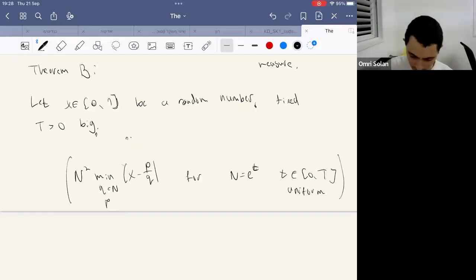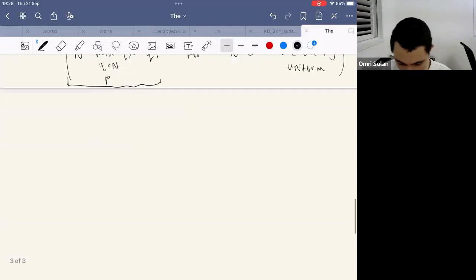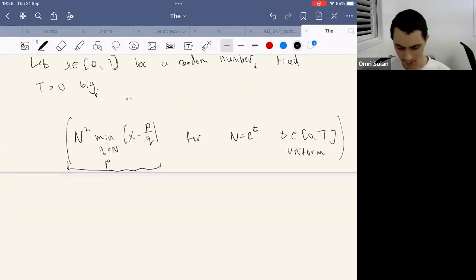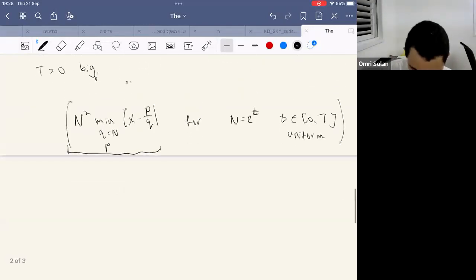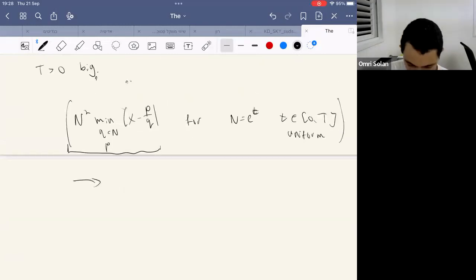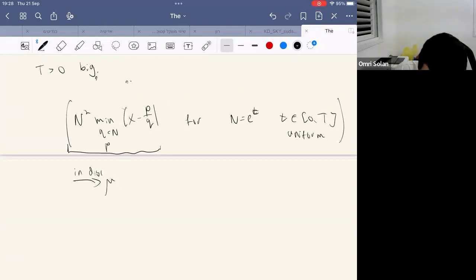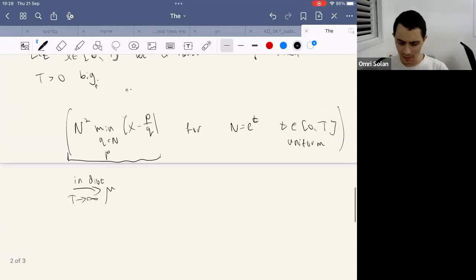And now this is a random variable which depends on t. For every t, we can compute this quantity. And what I claim is that this quantity converges to the same mu in distribution as t tends to infinity. So I did a weird thing.